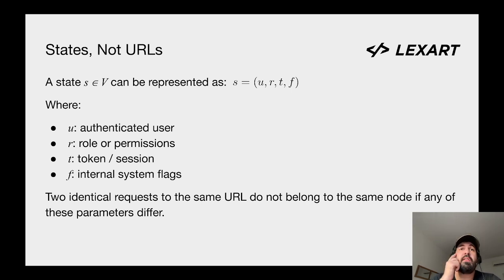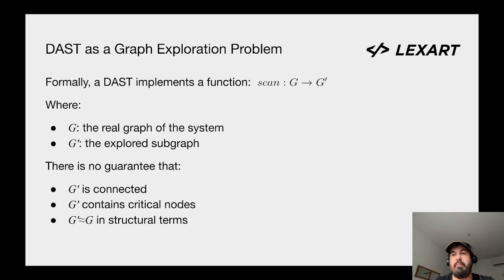Because of this, two identical requests to the same URL do not belong to the same node if any of these parameters differ. For example, a request like GET /admin made by an authenticated user and the same request made by an admin user are syntactically the same request but represent different system states, and therefore different nodes.